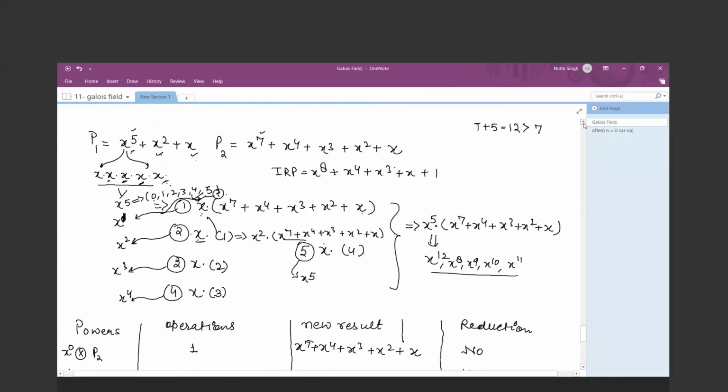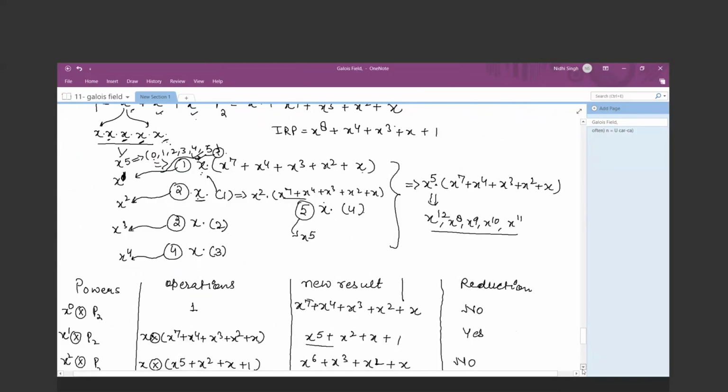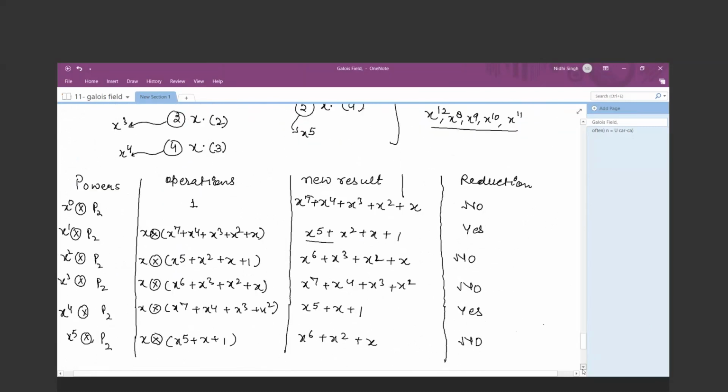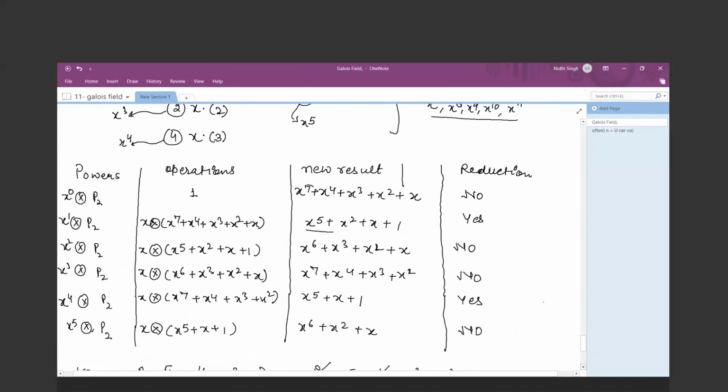First polynomial is x to the power 5, x square plus x. So check out where is x to the power 5. What is my polynomial? x to the power 5, x square plus x. So tick here, x to the power 5 I calculated here, x square where did I calculate? Here, and x where did I calculate?